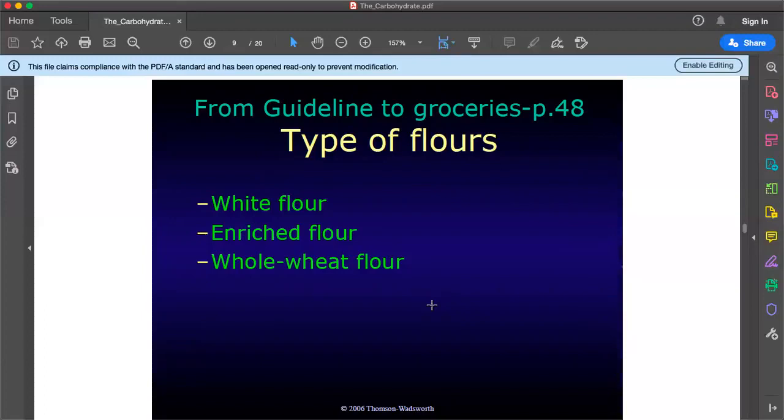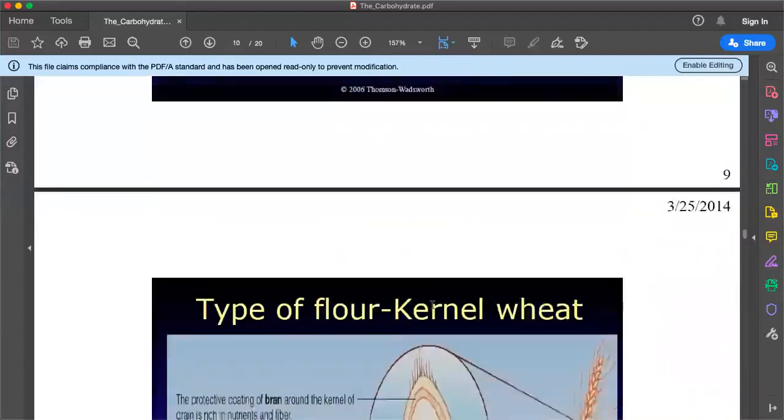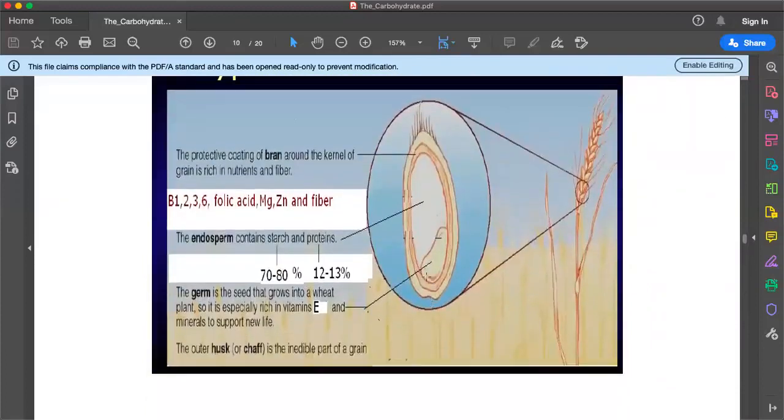So there are several important nutrients and regimens, very healthy to follow. And one of them is taking more whole wheat flour. And if you want to see the reason why, it would be much clearer in this picture.